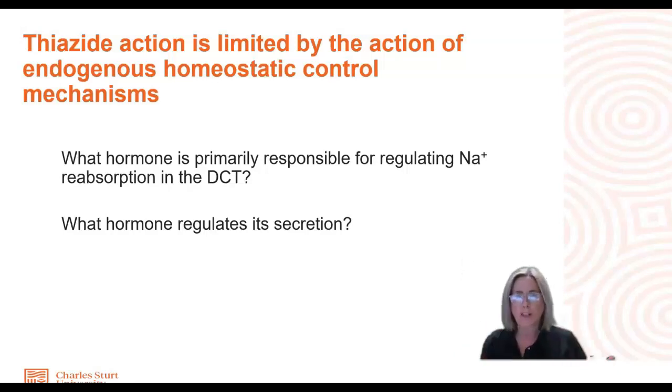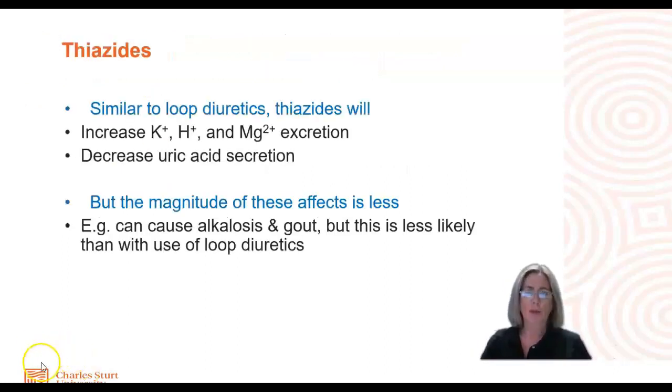But then if this person is given a thiazide to lower their blood pressure, the renin-angiotensin-aldosterone system will be triggered, and it will then act to increase the blood pressure again. So in this way, the endogenous homeostatic control mechanism, being the renin-angiotensin-aldosterone system, is acting as a physiological antagonist to the thiazide.